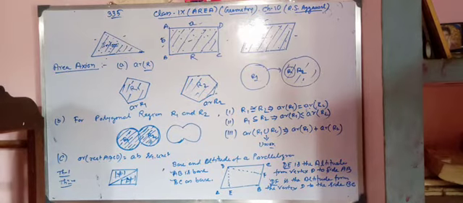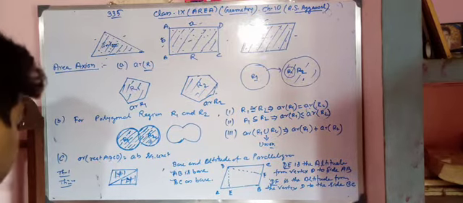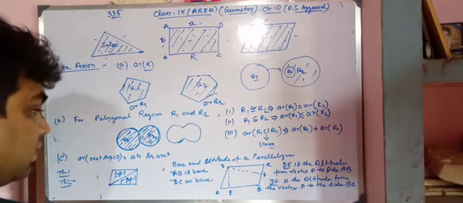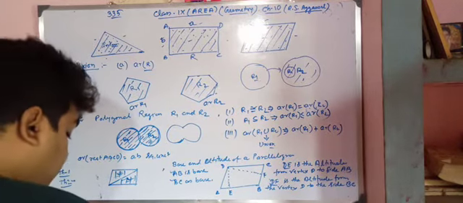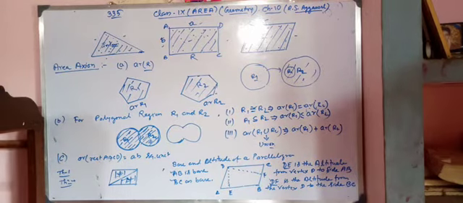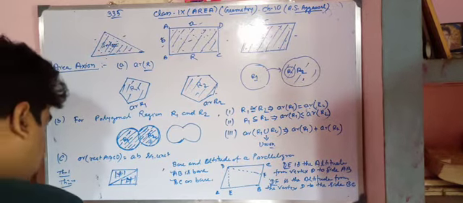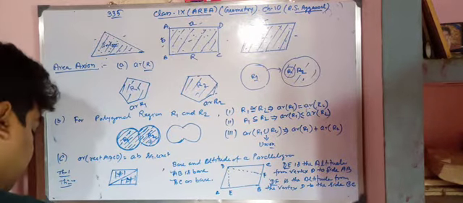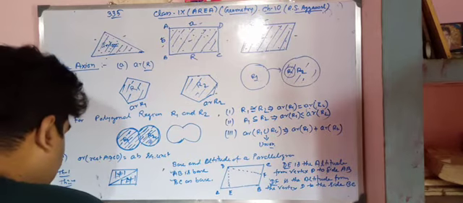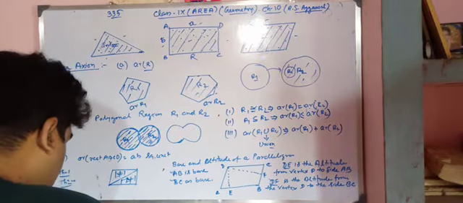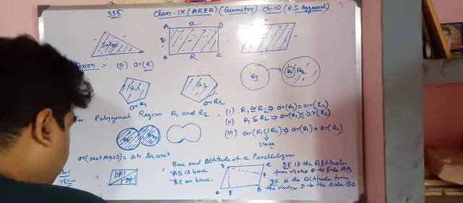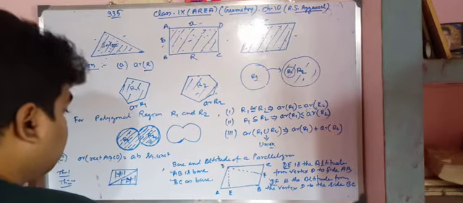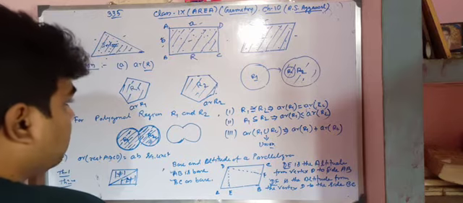You should go through the proof and must remember all the theorem statements, otherwise you can't solve the questions given in your book. Next, corollary 4: area of a triangle is equal to half into base into height.